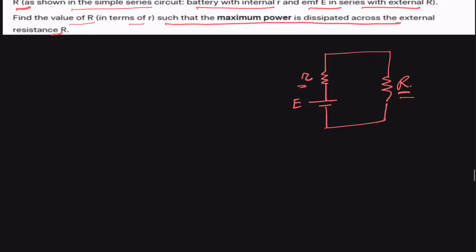For that we are going to find our current I. The current I in the circuit will be equal to the EMF divided by the total resistance.